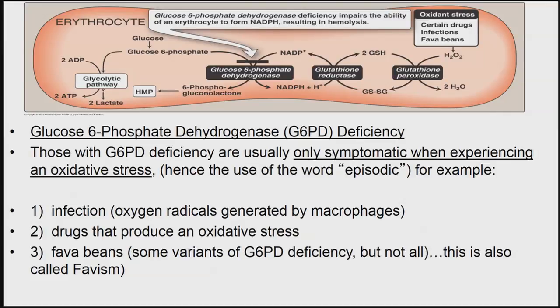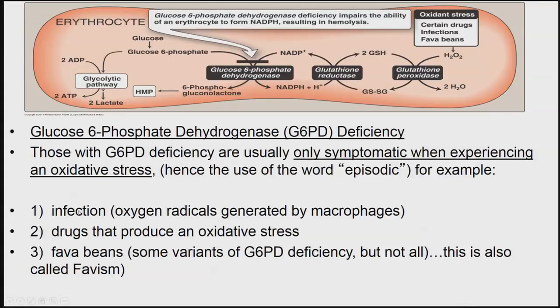In an average individual, you might just say, your body will fight it off, rest for a couple days. But you have to be real aggressive with these patients in treating infections, because whenever they get an infection, they can be prone to a hemolytic anemia, which could be potentially life-threatening.